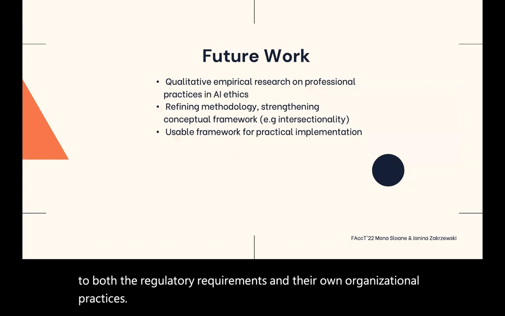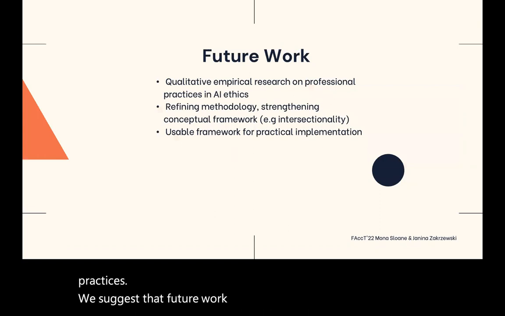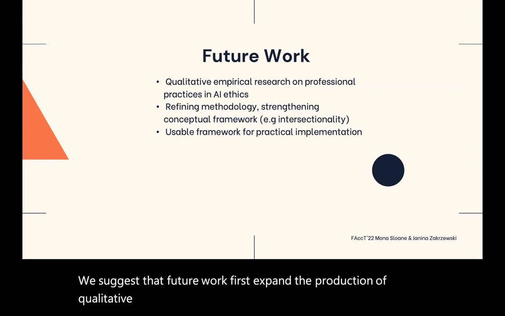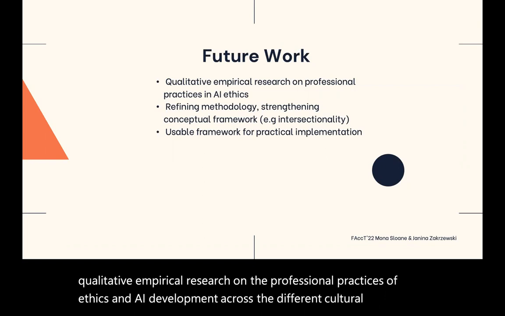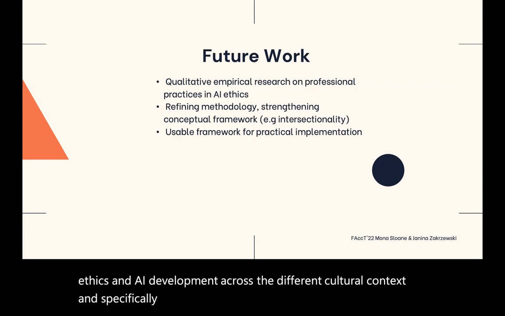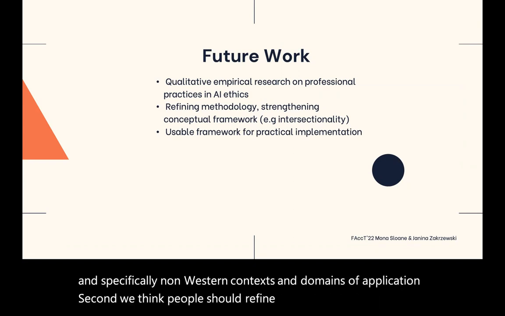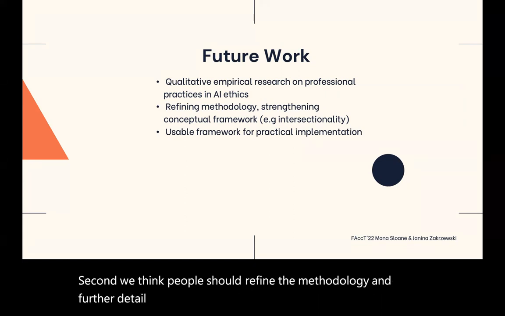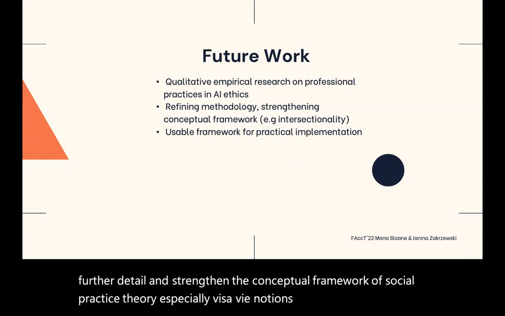We suggest that future work first expand the production of qualitative empirical research on the professional practices of ethics and AI development across different cultural contexts and specifically non-Western contexts and domains of application. Second, we think people should refine the methodology and further detail and strengthen the conceptual framework of social practice theory, especially vis-a-vis notions of politicality, power, intersectionality, and justice.